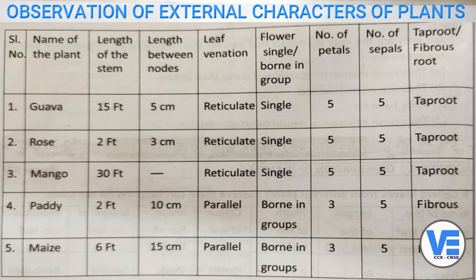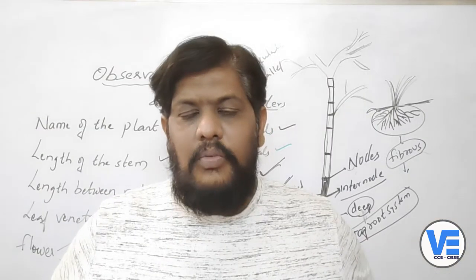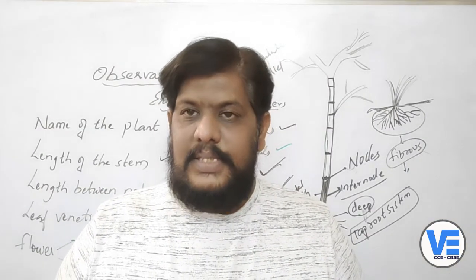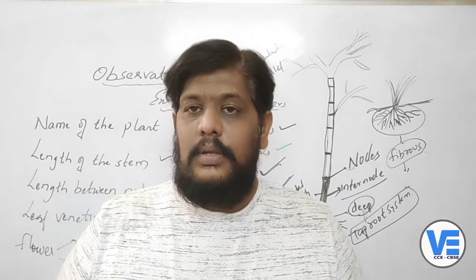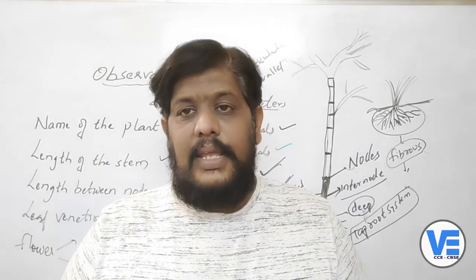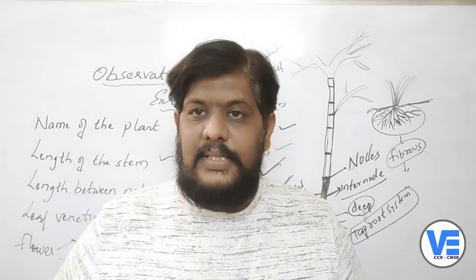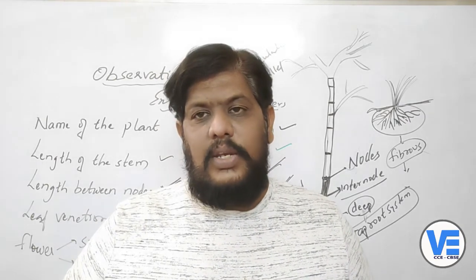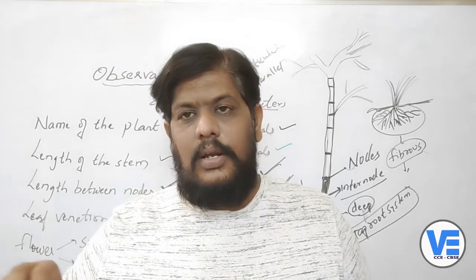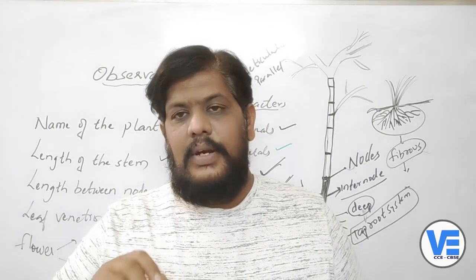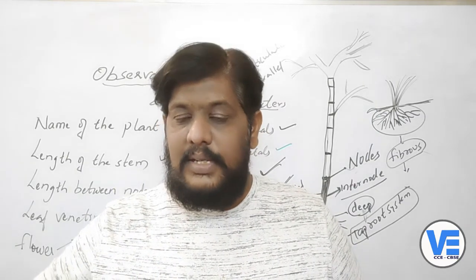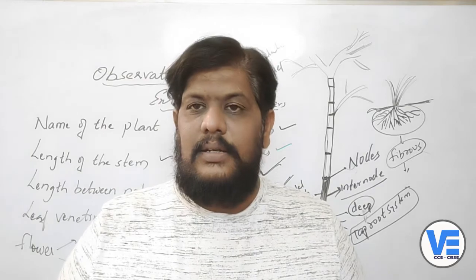Okay, now we will try to see one more example of a different set of flowers. Now what we'll observe is the seeds, right? How different are the seeds? Can you see any kind of variations in the seeds? Before that, I would like to tell you what monocots and dicots are, and then we'll go to the next experiment.